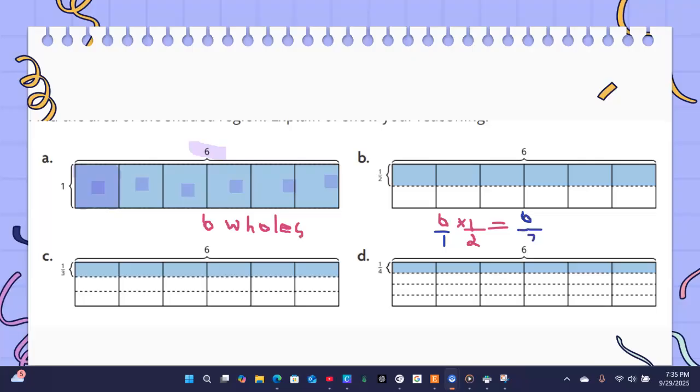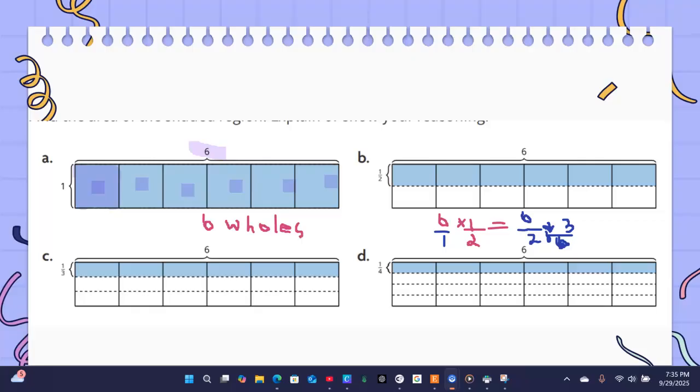Well, what do we know about 6/2? How many groups of 2 can I make in 6 if we were to do this with long division? We can make 3 groups of 2 in 6. Hopefully you can see it like that.